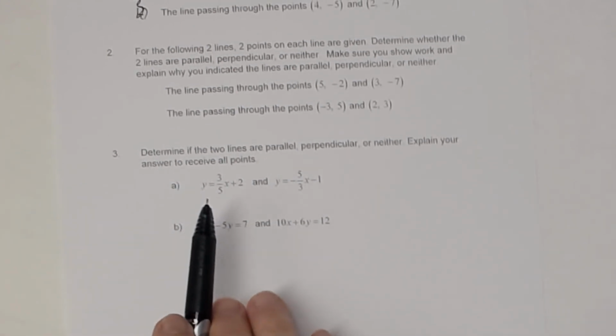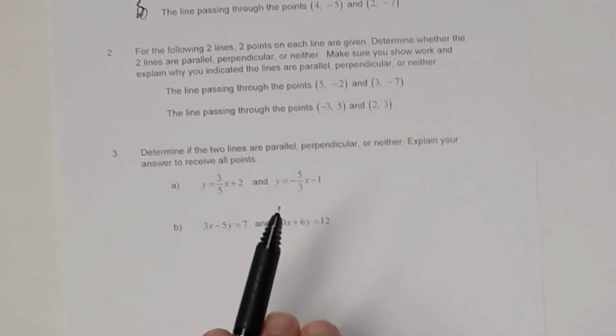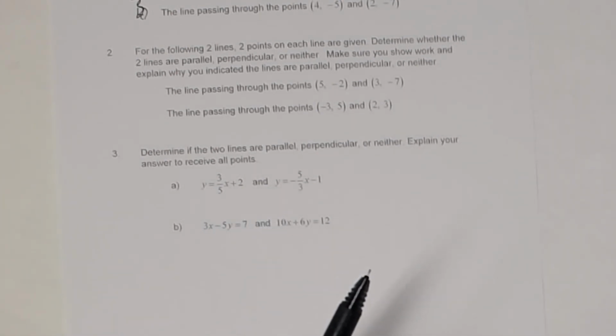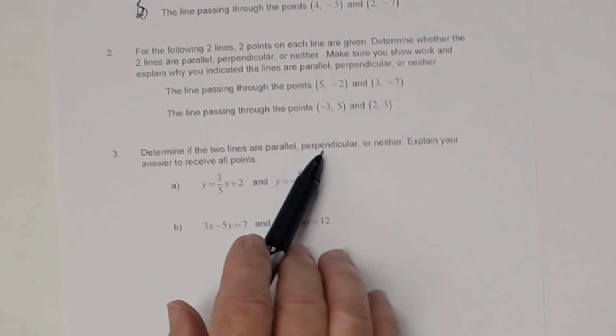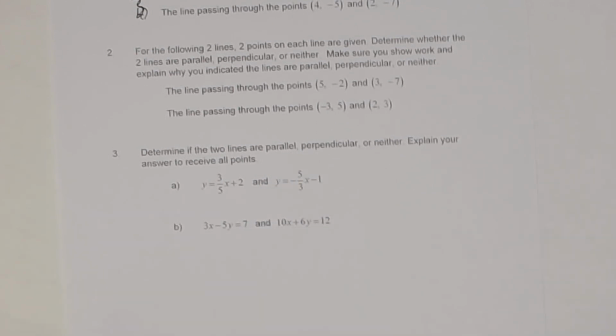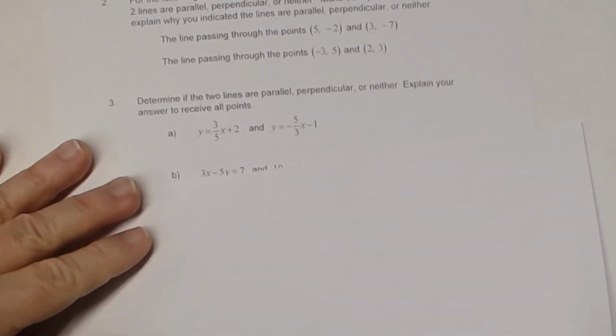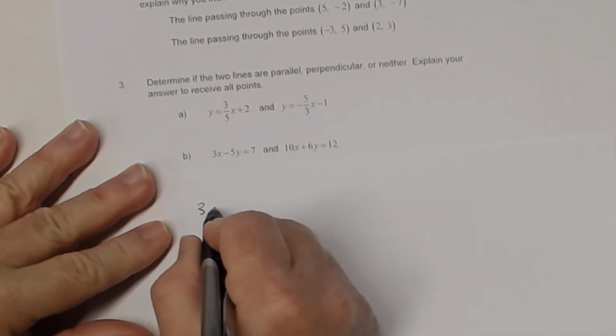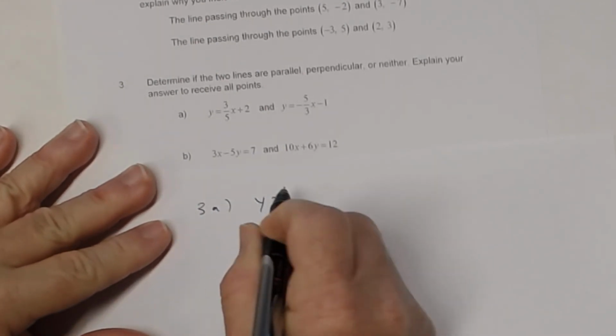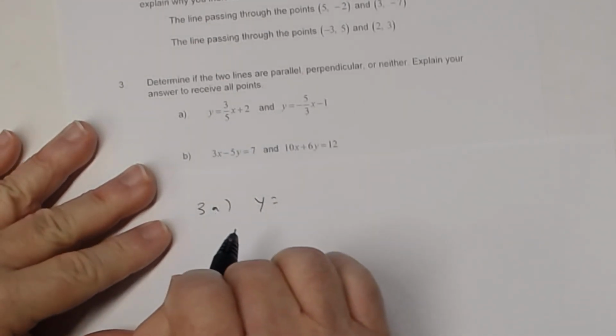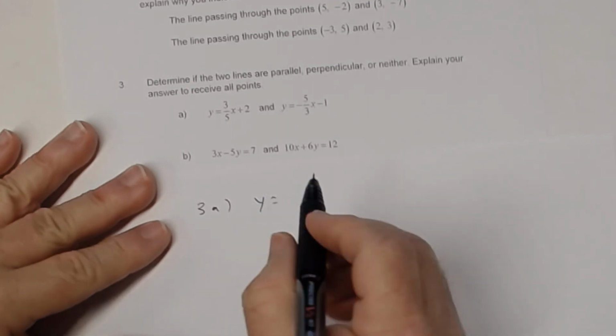Part A is easy, and the reason is because, remember, to determine if 2 lines are parallel, perpendicular, or neither, you need to know about the slope. If you look at part 3A, both those equations are in slope-intercept form, so y is already by itself.